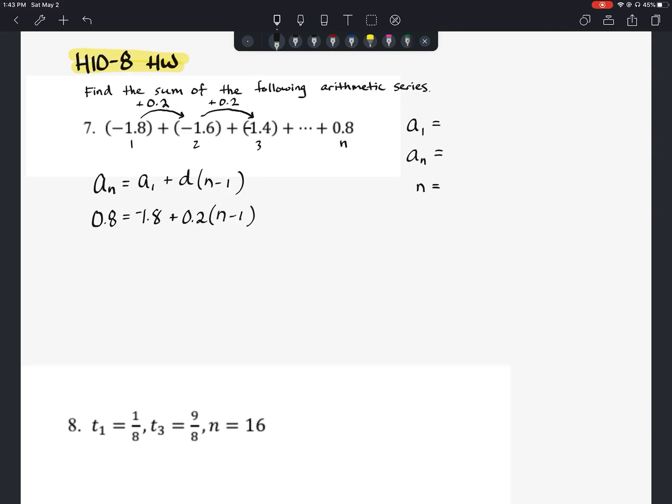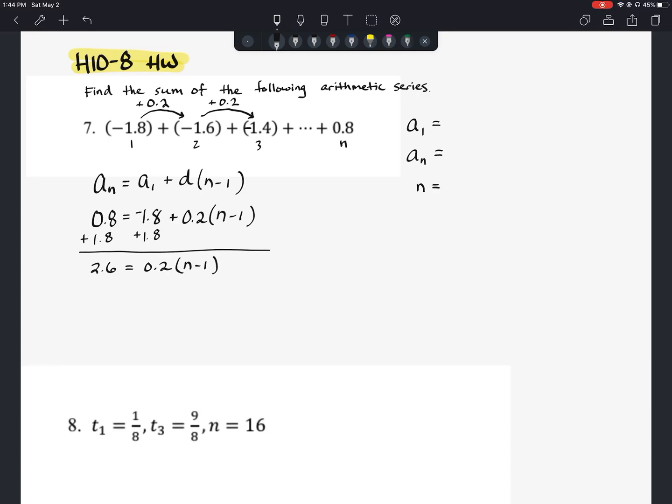So as we look to go through and solve here, let's go ahead and just add that 1.8 to each side. Just get it out of the way here for right now. That would be 2.6 equals 0.2 times the quantity of n minus 1.